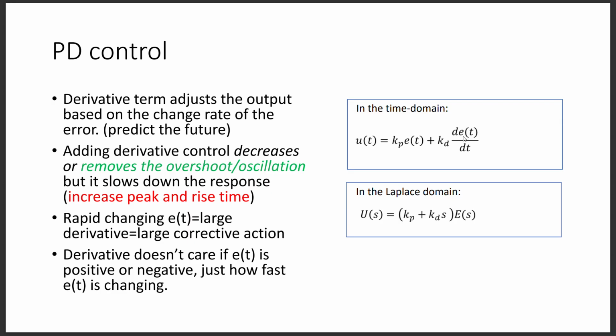So imagine if error value is 3,000 trillion, okay? But it's constant. What's the derivative of a constant value? It's just zero. So if you have a huge number and it's not moving, your derivative term isn't doing anything. But if you have a number that is small and it's increasing at a rate of 1 per second, the derivative of it would be 1.